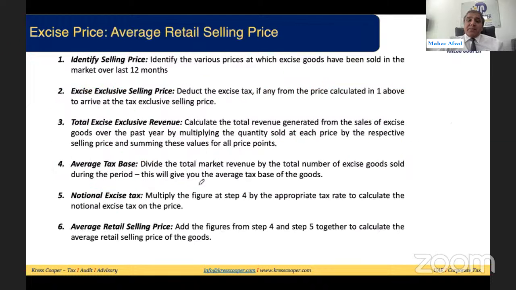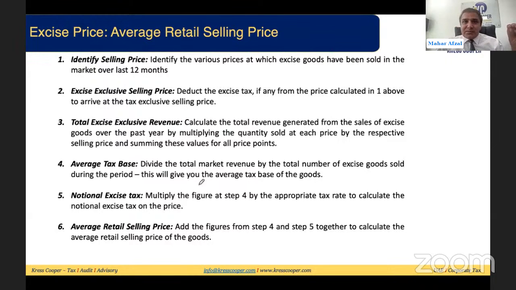For the average retail selling price, they have given the formula in the guide. How will you calculate it? You need to take samples of the product's prices from January, February, March, April onward for the last 12 months, identifying the various prices at which the product has been sold in the market.